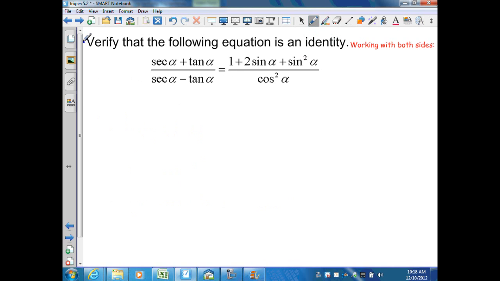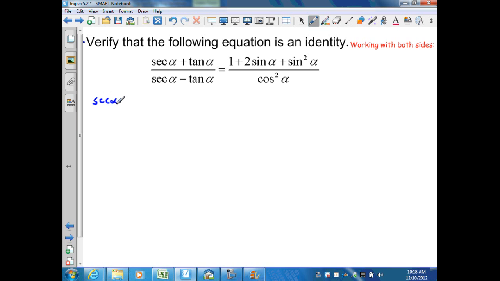In this last example, I want to work on both sides of the equation. Recall, if I have an expression on the denominator, I can multiply the numerator by secant alpha plus tangent alpha. So let's take a look at that situation.